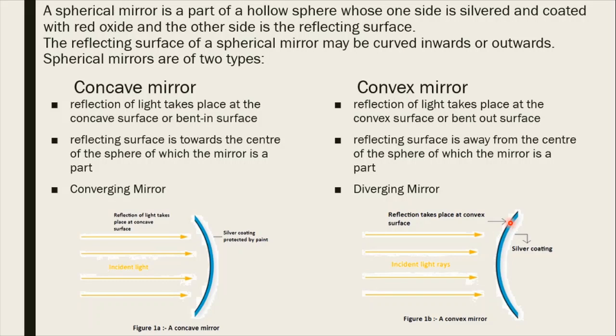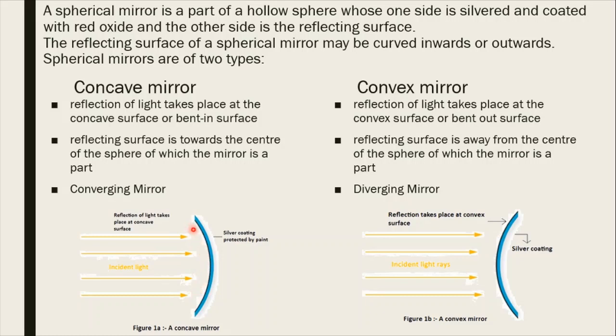But first, what is a concave mirror? A concave mirror is that mirror wherein the reflection of light takes place at the concave surface or the bent-in surface. The reflecting surface is towards the center of the sphere of which the mirror is a part.